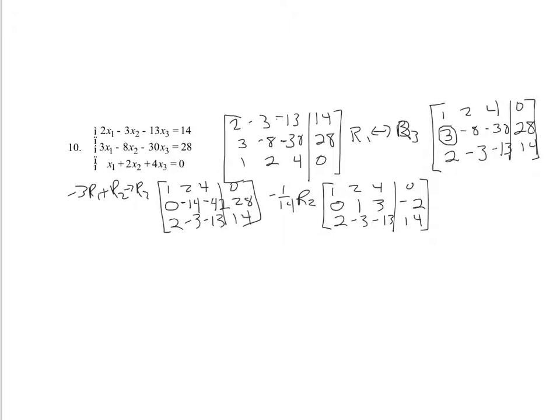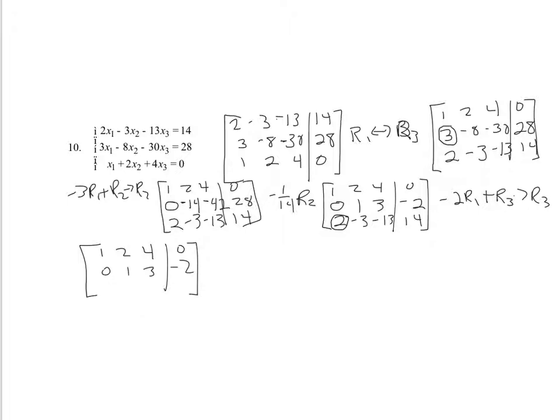Row 3, I need to make this 2 become a 0. To make that happen, let's take -2 times row 1 and add it to row 3 to get our new row 3. So I have 1, 2, 4, 0, 0, 1, 3, -2.